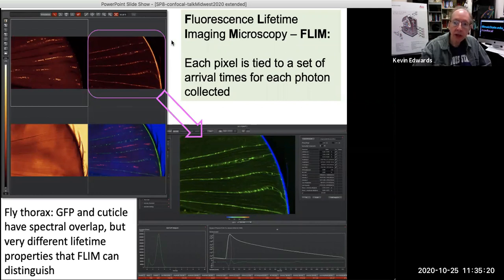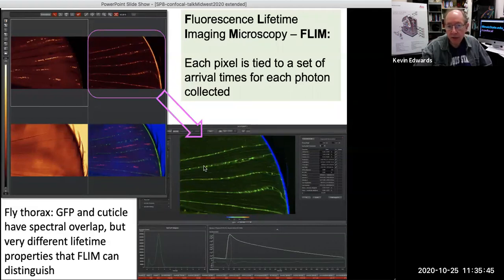Here is the green channel that we're collecting. There's nuclei over here and transmitted light over here. But this is our green channel. The problem here is we have our GFP, but we also have the cuticle. The cuticle of the fly, the surface of the fly, is also fluorescing in the green channel. But it's a very different compound.